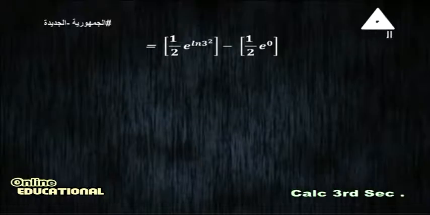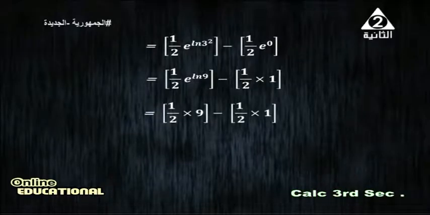e to the power ln 3 all to the power 2 can be written in the form half e to the power 2 ln 3, which is e to the power ln 9, minus half multiplied by e to the power 0, which equals 1. The first bracket is half multiplied by 9, because e to the power ln 9 equals 9 from the properties of ln, minus half times 1.